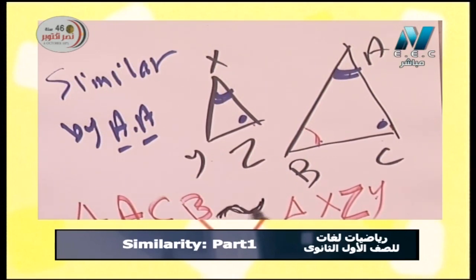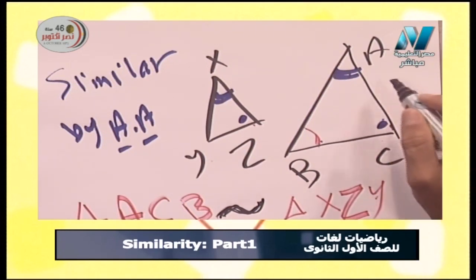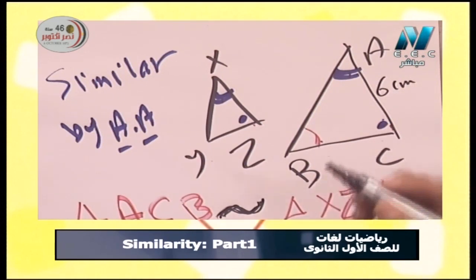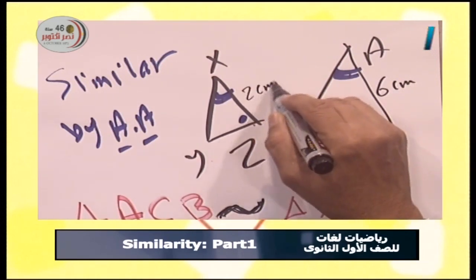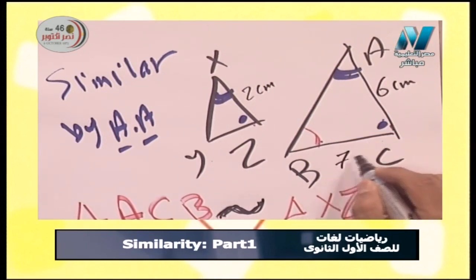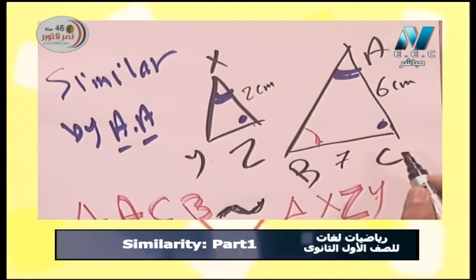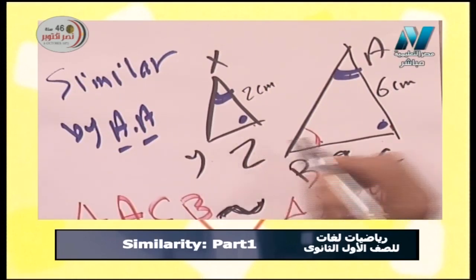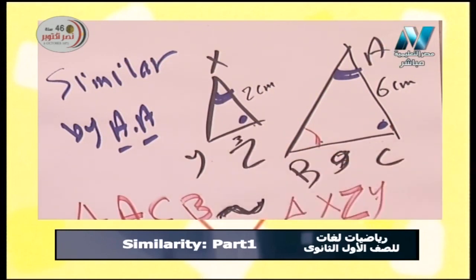And when we find the values of some sides, if we have AC equal 6 centimeters here, and this one equal 2 centimeters, BC equals 9, and this one is 3, 12, and 4.